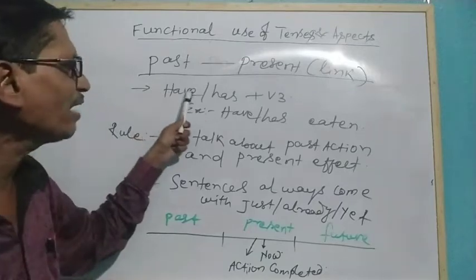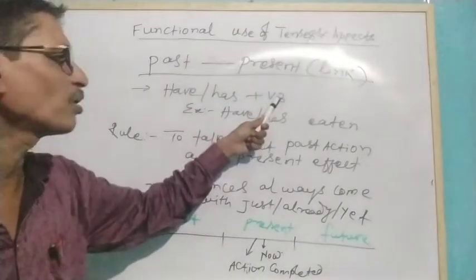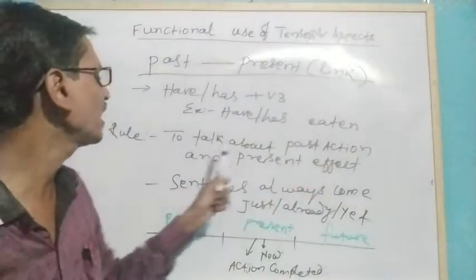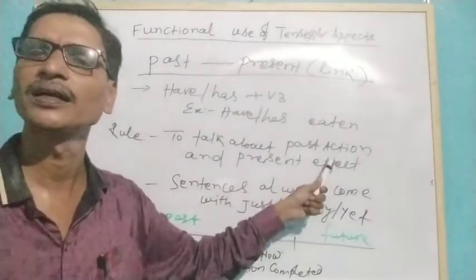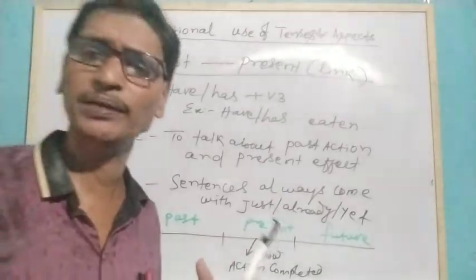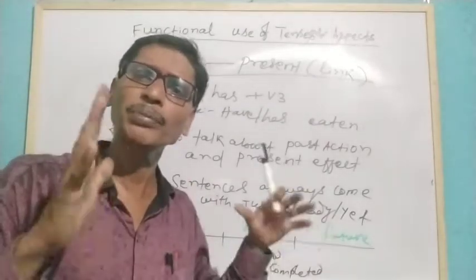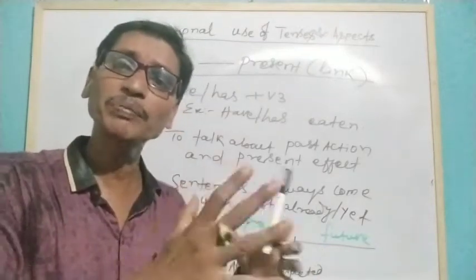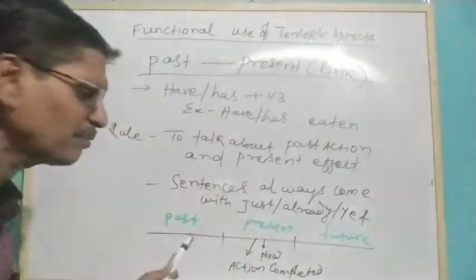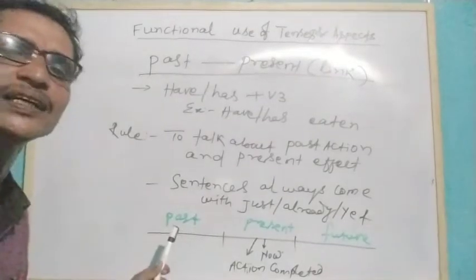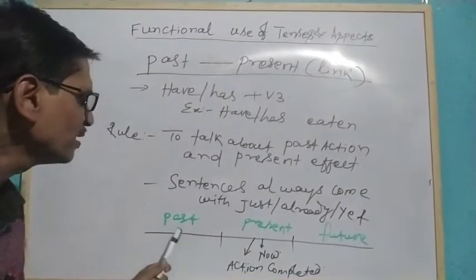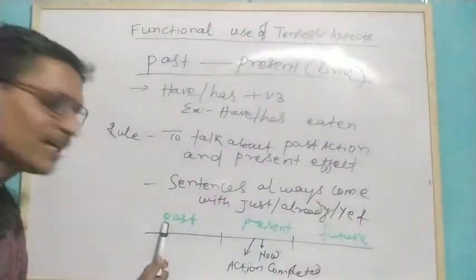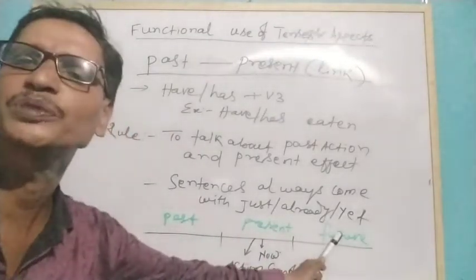We use have/has plus verb third form to talk about a past action and present effect. Past action and present effect means something already completed before a certain time in the present. You see, I have written a timeline over here. So this much is past time, this much is present time, this much is future time.